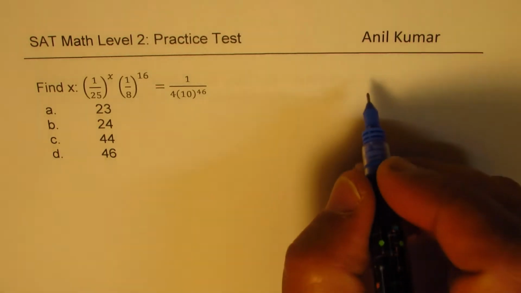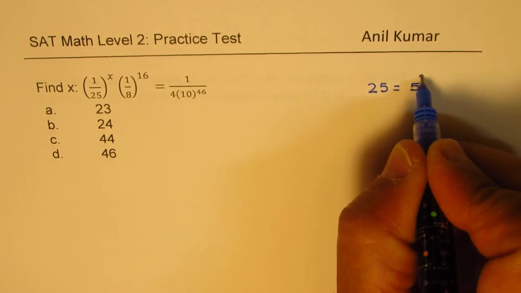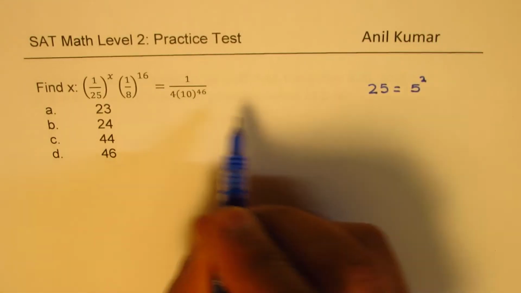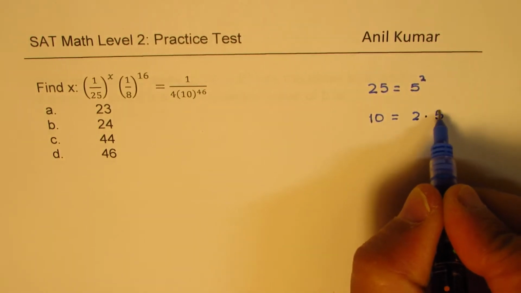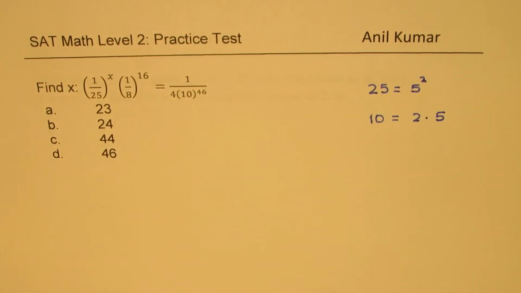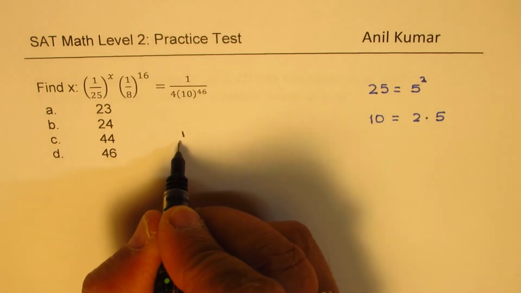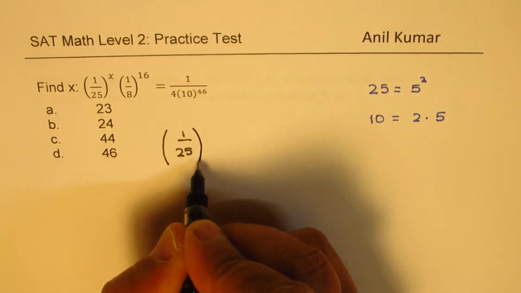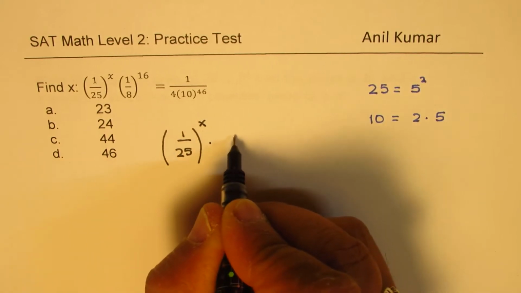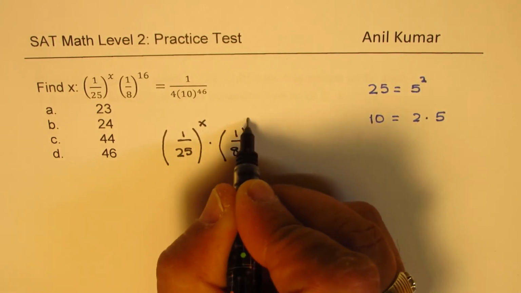So I hope you recall that 25 can be written as 5 square, right? And 10 can be written as product of 2 and 5. That should help you to solve this particular question. Now let's see how. So we have here 1 over 25 to the power of x times 1 over 8 to the power of 16.